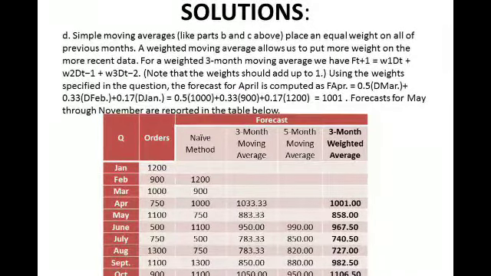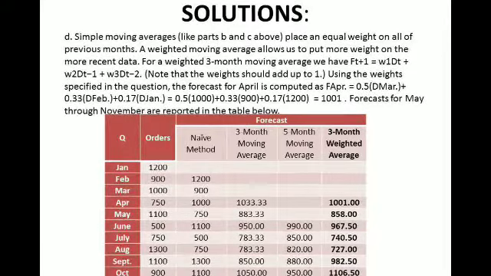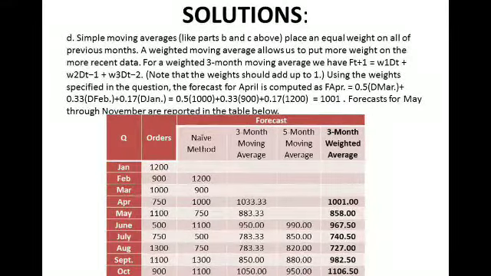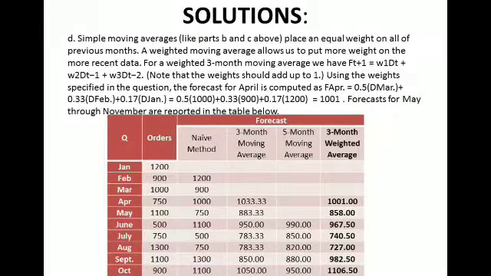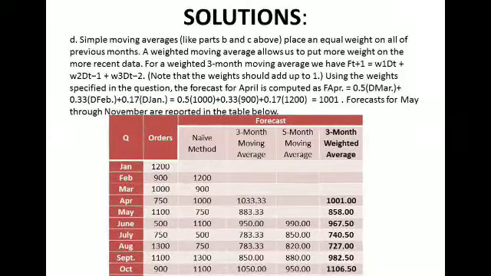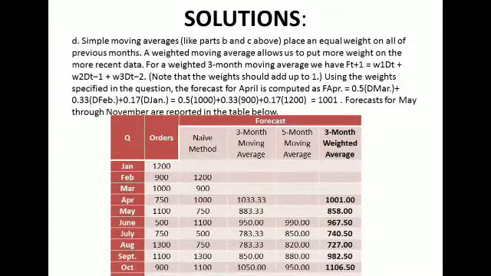Using the weights specified in the question, the forecast for April equals 0.5 times demand on March plus 0.33 times demand on February plus 0.17 times demand on January.